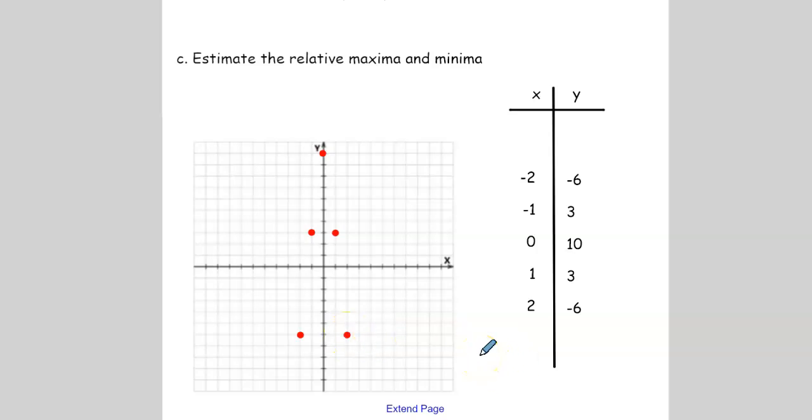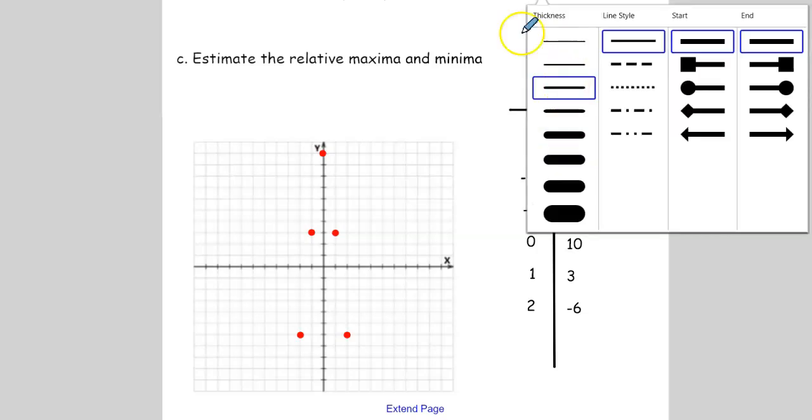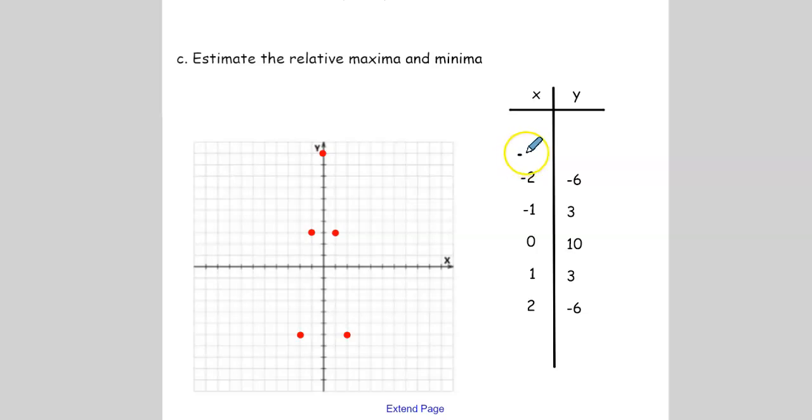But again, I'm not getting that full shape that I need. Think about which direction I'm supposed to be going as my end behaviors, right? These need to turn and come back up. So what we're going to do is take a value on each end. So -3, +3. We're going to put those into our function and get additional values to see if that gets us our end behavior. If you put those in, they're going to give you a positive 19, which is promising because I'm going up off of the graph, right?